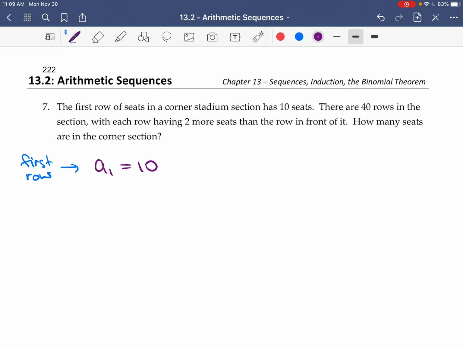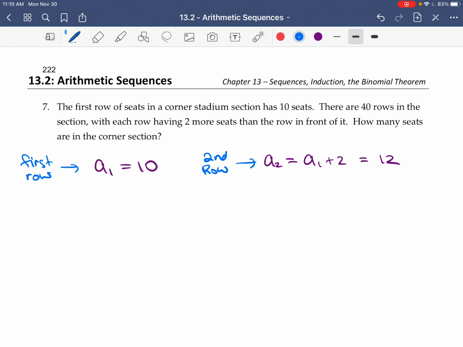We know that's 10. Now the second row, a_2, has 2 more seats than a_1, so it's going to have 12 seats. The third row has 2 more seats than a_2.